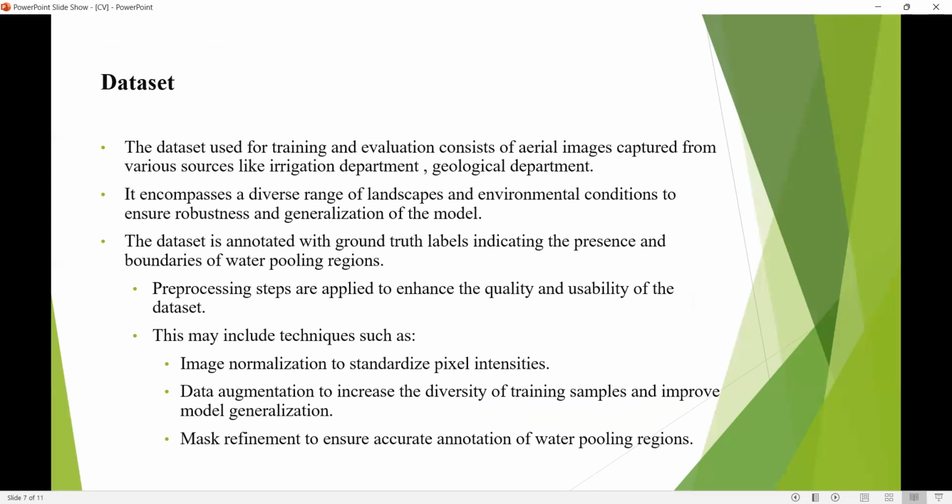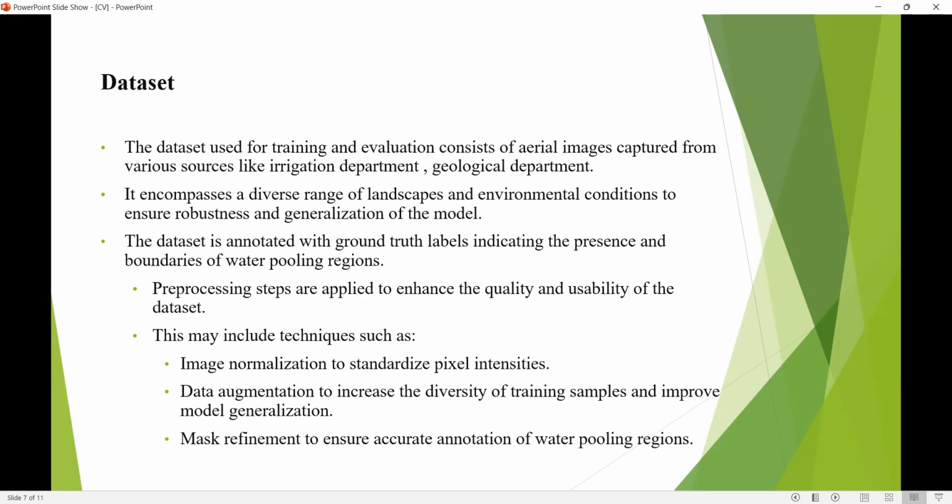Okay, we are using the dataset. The dataset used for training and evaluation consists of aerial images captured from various sources like the irrigation department and geological department. It encompasses a diverse range of landscapes and environmental conditions to ensure robustness and generalization of the model. The dataset comes with ground truth labels indicating the presence and boundaries of water pooling regions.